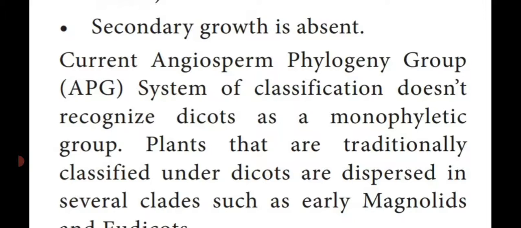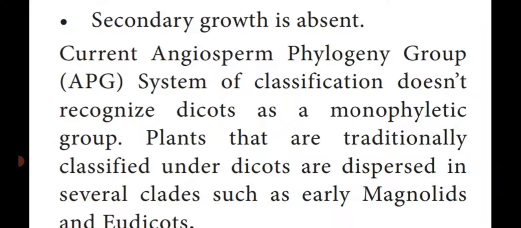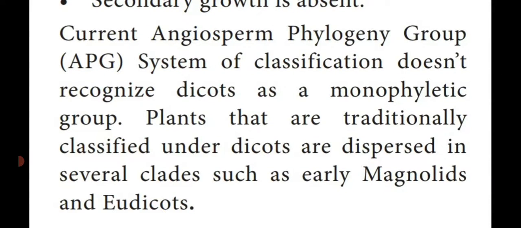They do not recognize dicot as a monophyletic group. Plants traditionally classified under dicot are dispersed in several clades such as early magnoliids and eudicots. So here the dicots are classified into magnoliids and eudicots according to the APG system of classification.